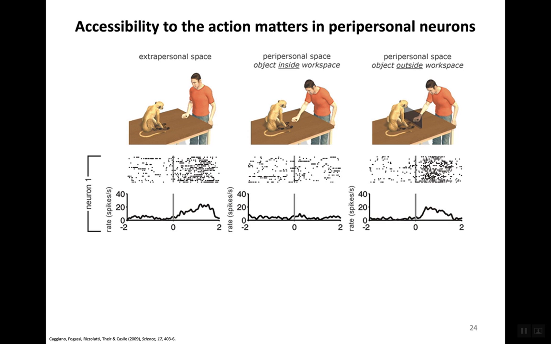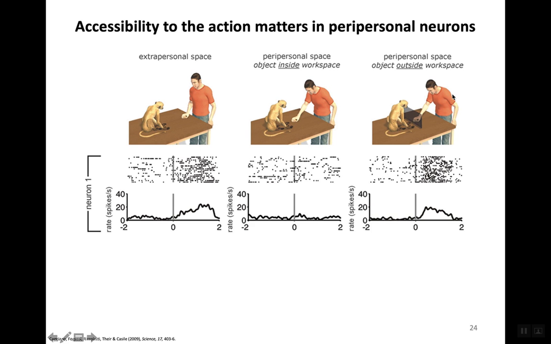What I mean by that is that in the absence of a divider, we know what is extrapersonal and peripersonal space just based on the distance from the monkey. So let's take a look at an extrapersonal mirror neuron. It responds whenever the action is outside the reach of the monkey, as performed by the experimenter. But there is limited evidence for firing whenever the action is close to the monkey.